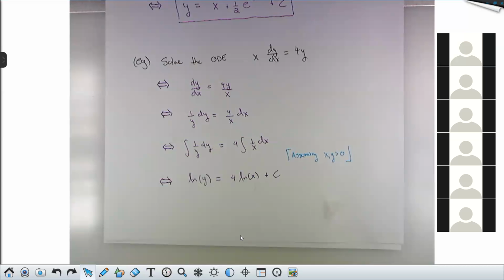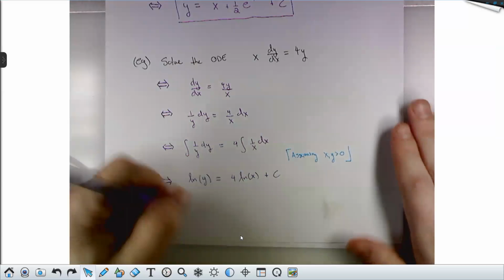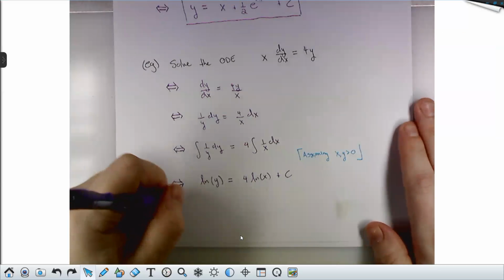How do you raise both sides to the e? That's getting closer, but it's still not quite right. I don't want to raise both sides to the eth power. I want e to the both sides power. There's a word for that operation. It's called exponentiation. So we'll exponentiate both sides base e.